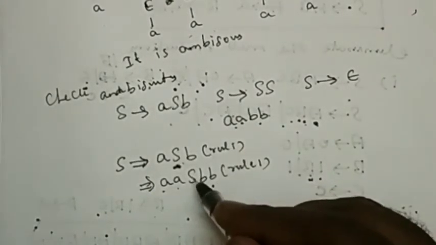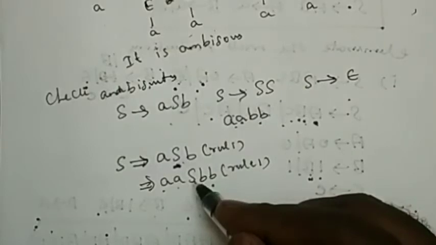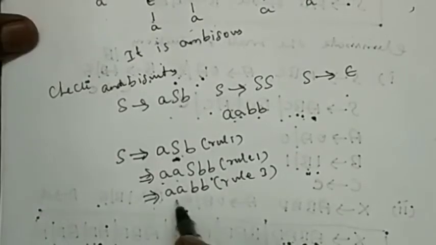So I have to somehow eliminate this S over here. So eventually I replace this S by epsilon, applying rule number 3, and I get AABB. So the string has been derived.